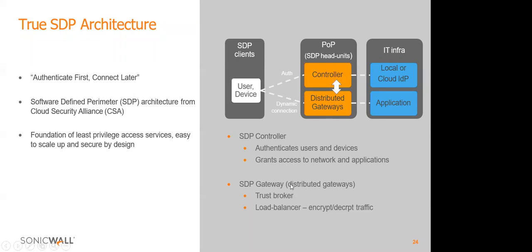The gateway here is actually the trust broker, so it will load balance and encrypt your traffic. After all this is done, you can access your IT infrastructure, whether it's local or in the cloud, and then the application.